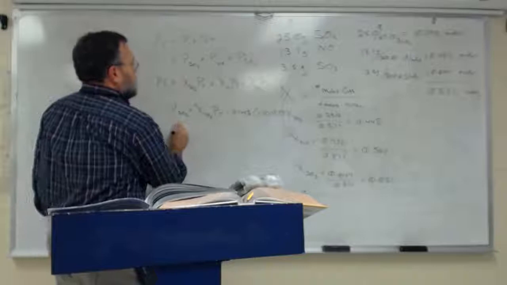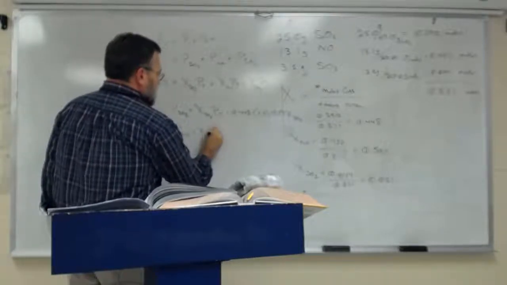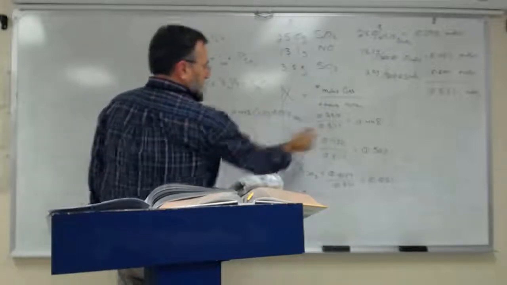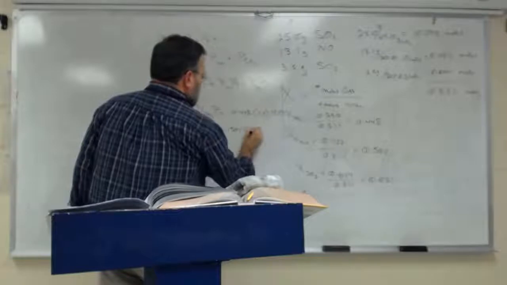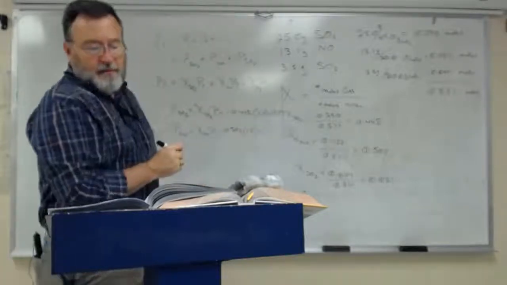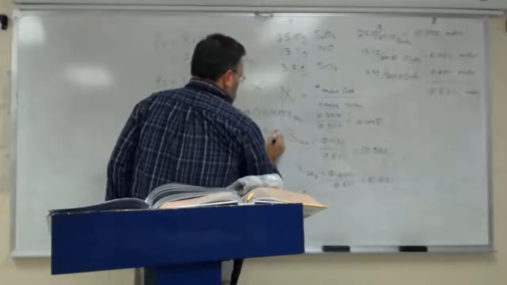The pressure that's due to the nitrogen monoxide is the mole fraction of nitrogen monoxide times the total pressure, which is equal to 0.502 times 1.2, 0.60 atmospheres.